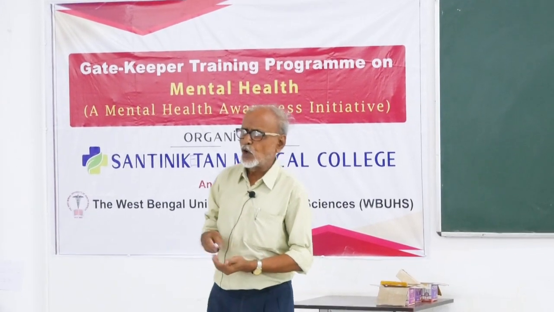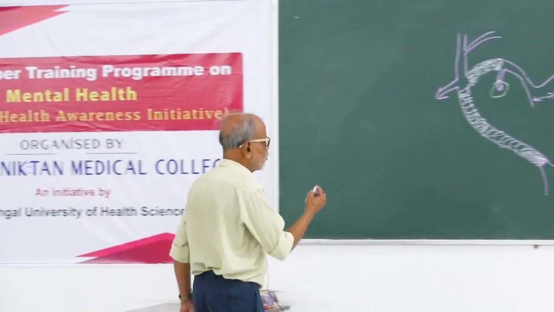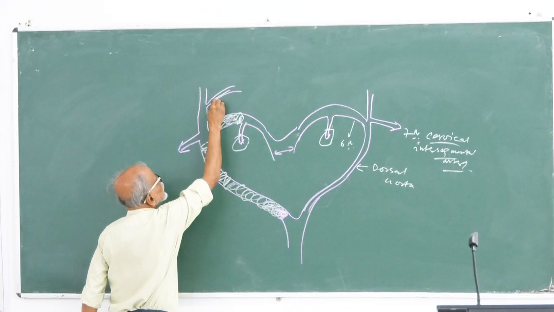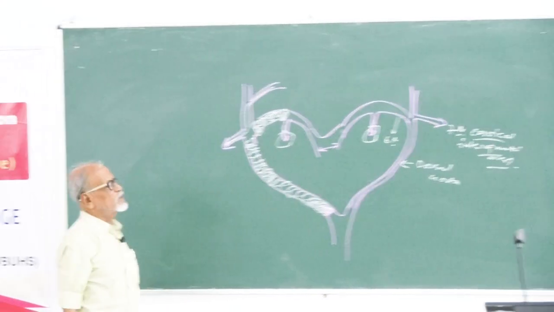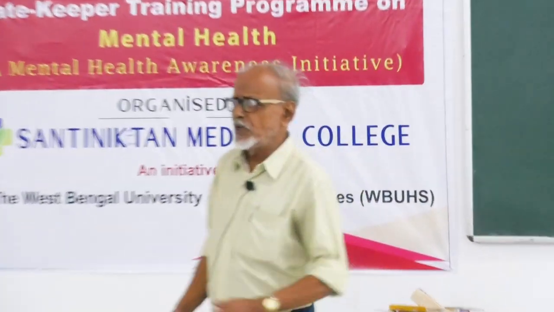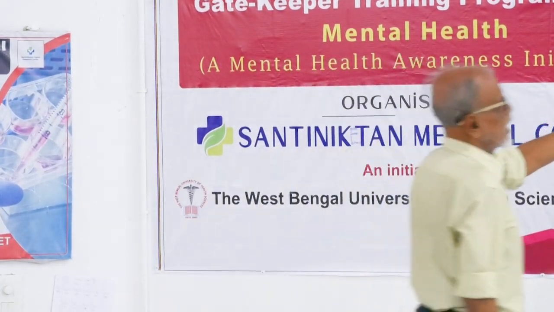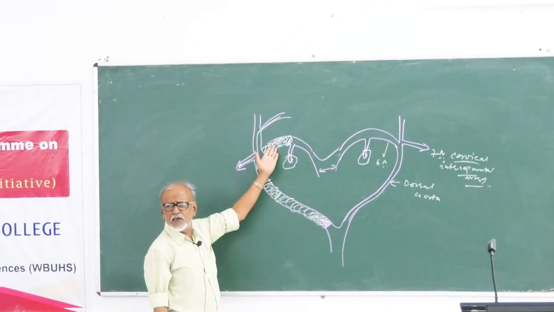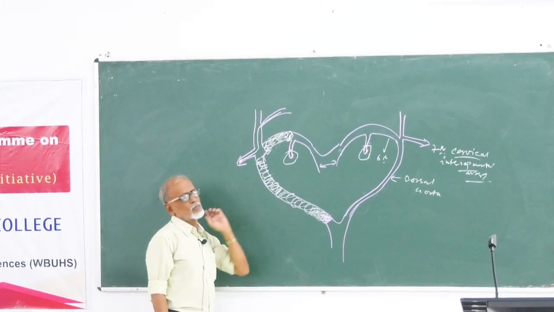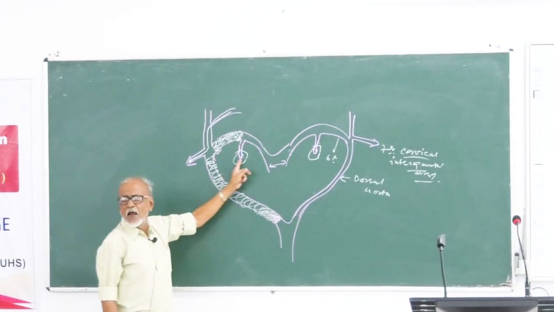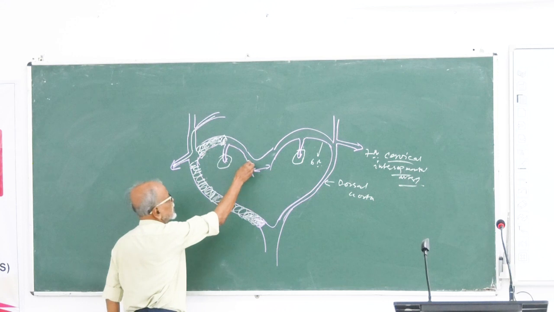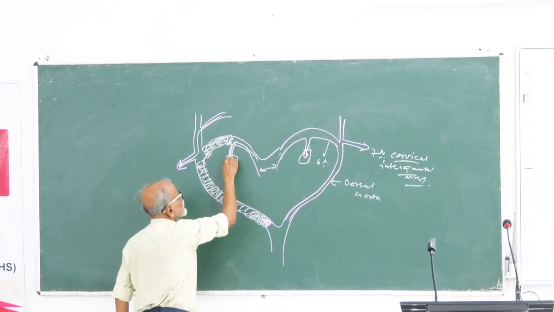Blood will flow on the right side from the fourth arch artery to the dorsal aorta, and then to the seventh cervical intersegmental artery, becoming the right subclavian. Okay, the right subclavian is formed. The distal part of the right sixth arch is no longer needed, so it undergoes obliteration. This part remains, and this becomes the right pulmonary artery.